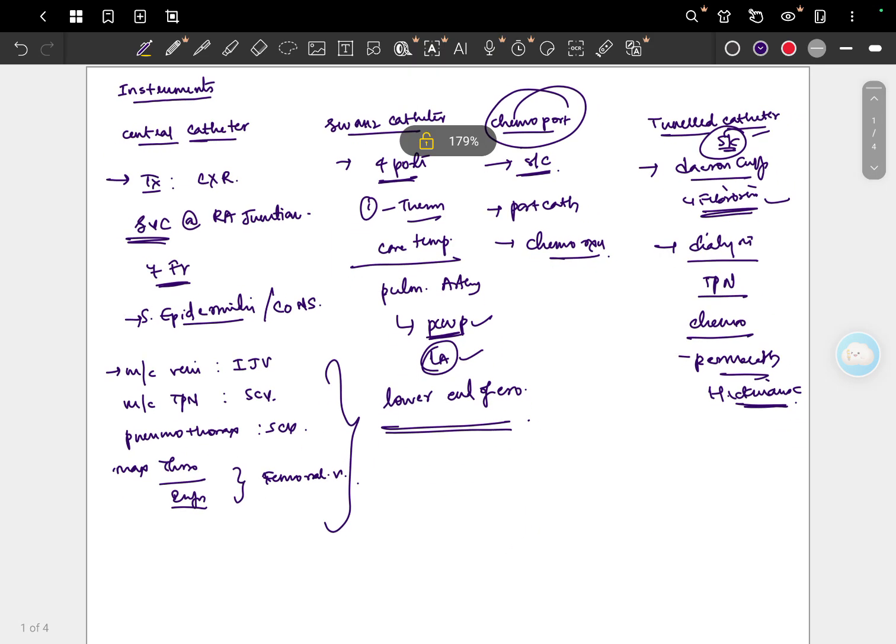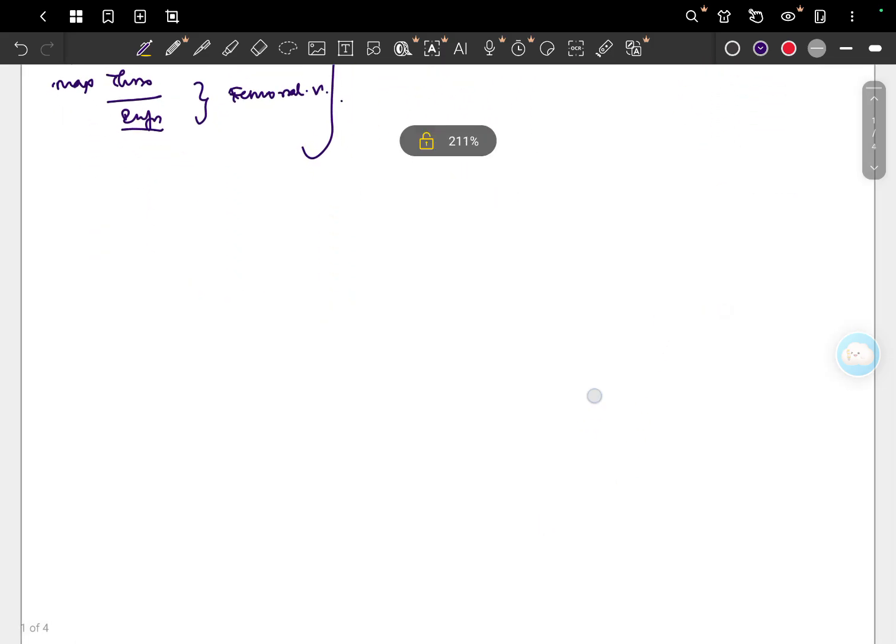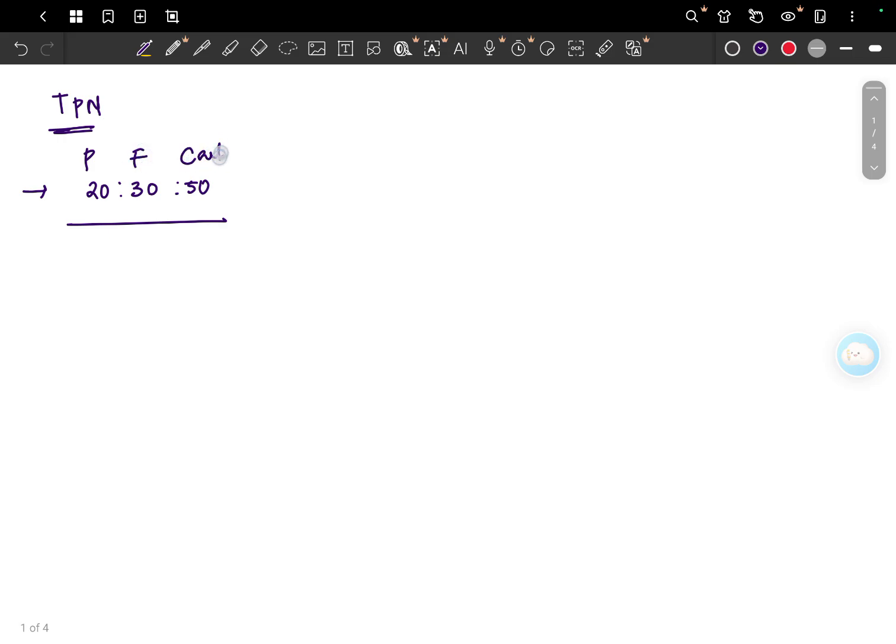Now coming to the next part, that is total parenteral nutrition. Total parenteral nutrition will be given in the ratio of 20:30:50. So this is protein, this is fat, and this is carbs, so carbs will be more than fat and then protein.